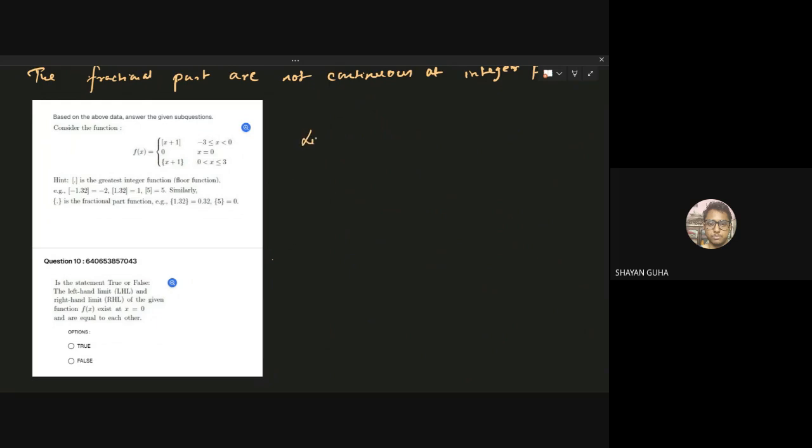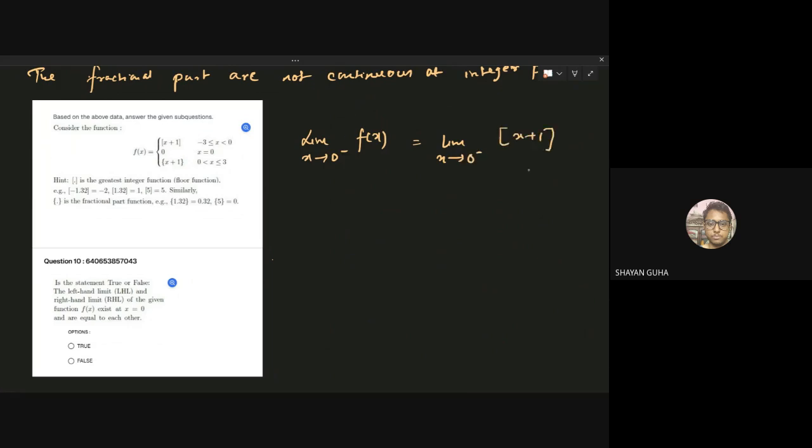So what will be my left hand limit? Limit x tends to 0 minus f(x). Now when I am taking x to be approaching from the left hand side, what is the value of f(x) when x is less than 0? This is nothing but limit x tends to 0 minus of the box function of x plus 1.